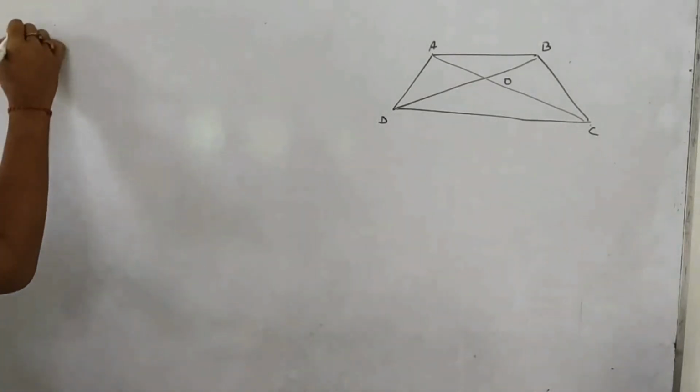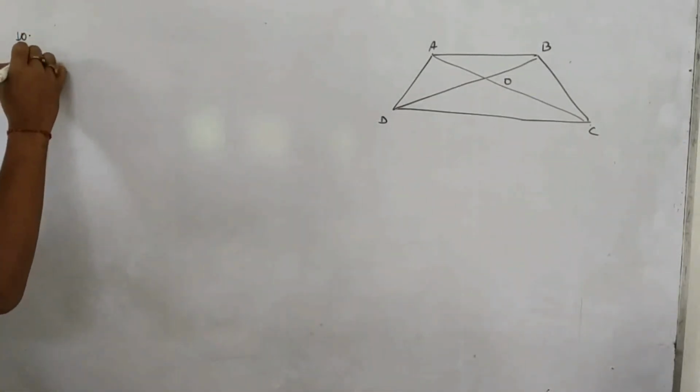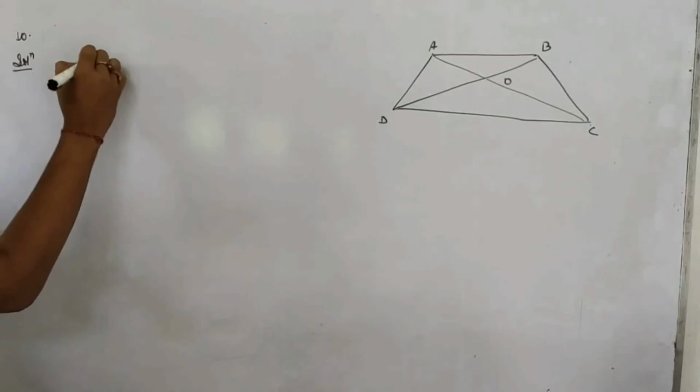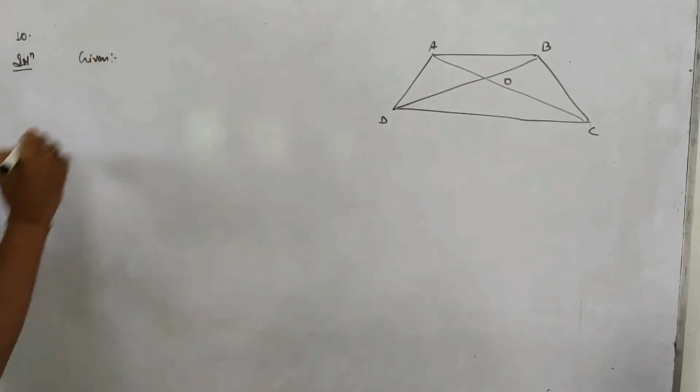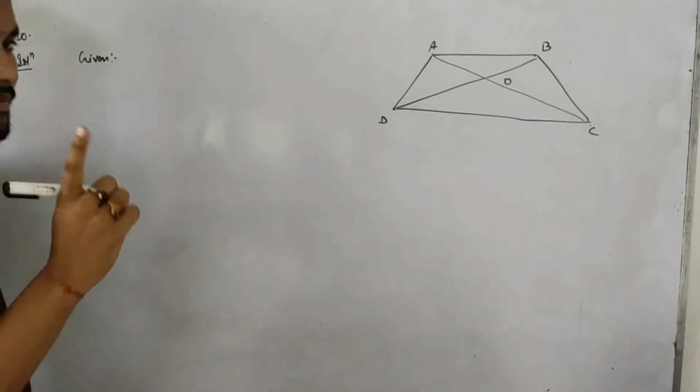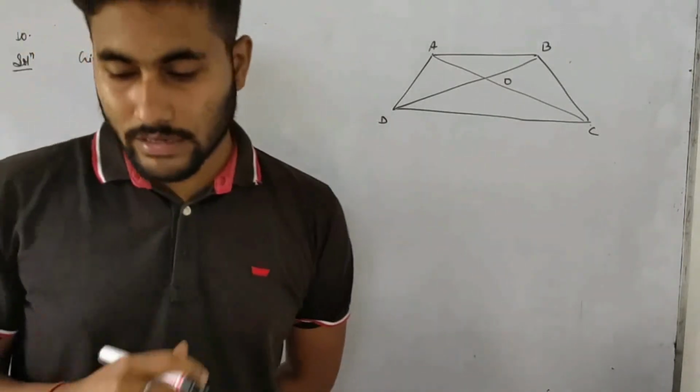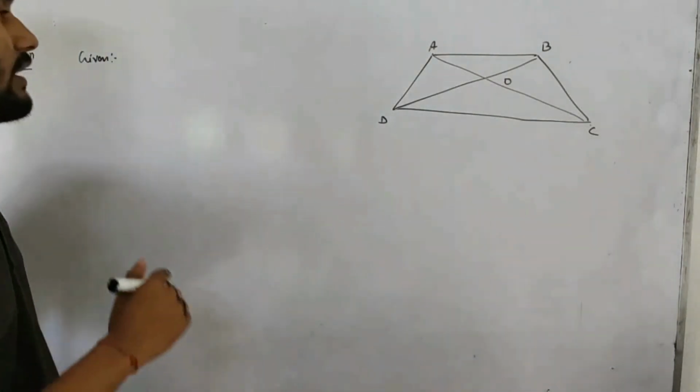Number 10, last question. Given, this time ABCD is not a trapezium. We have to prove that it is a trapezium. This time it is a quadrilateral.